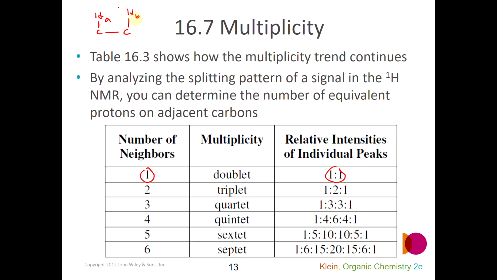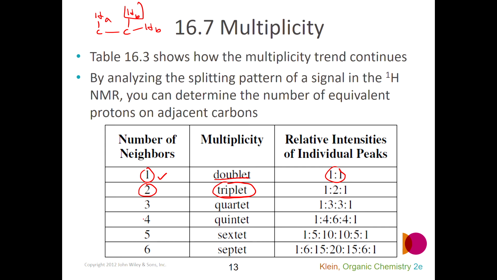So one neighboring hydrogen produces two peaks, a doublet. If I had two neighboring hydrogens, we saw that gives a triplet. So the number of peaks is always one more than the number of neighboring hydrogens in these simple analyses. We're going to look at exceptions to this in a minute.